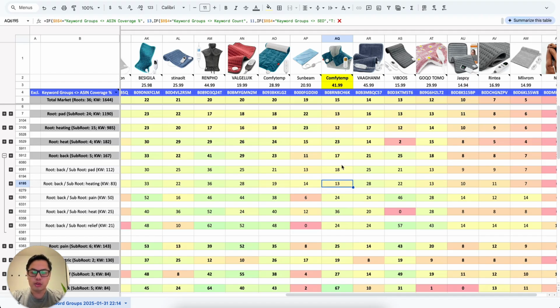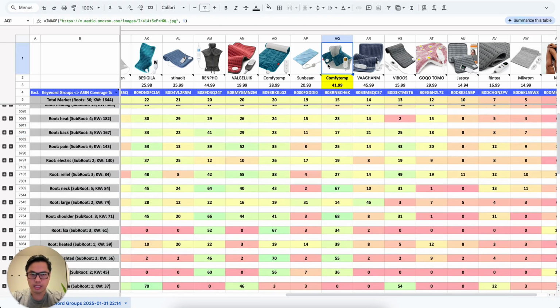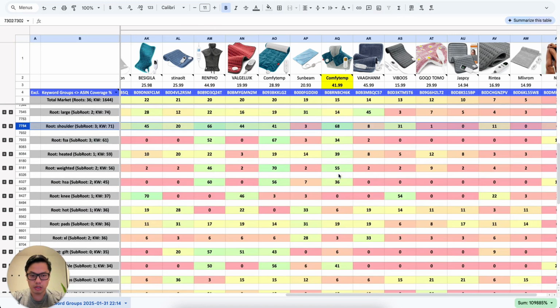So if I'm thinking about UGCs here, and I had to really pick my images, I would put a lot more focus on the neck and shoulders because I feel like that's what this product would do much better in, which I can already tell. They are doing much better on the neck and shoulder.